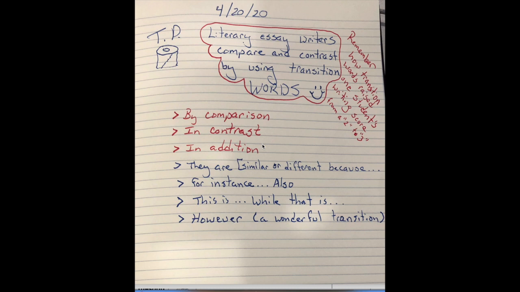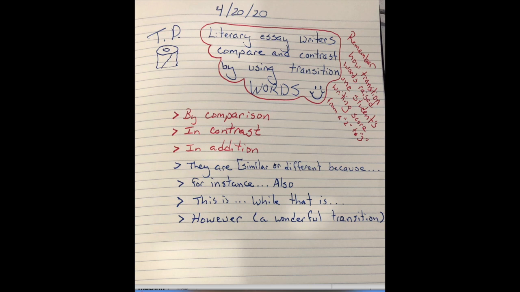Today's teaching point is literary essay writers compare and contrast by using transition words. This is an awesome place to use transition words. If you're comparing and contrasting, it's automatic. And you have on Haiku the list of transition words, but I also gave some good ones here that you could use.